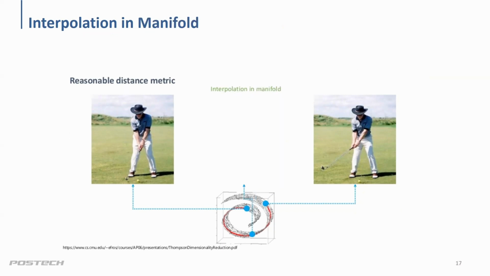But it turns out that, if we call this the manifold, and if you just get the physical meaning or physical sense of this, what this guy is doing in the picture is trying to play golf, right? And swinging from here to here.